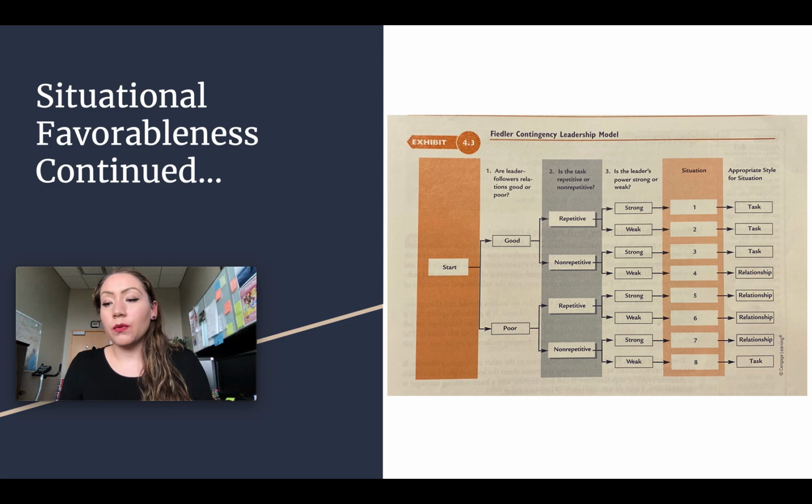Fiedler would recommend you train people or change the situation. For example, if the relationship between the leader and the follower is poor, you would have to strengthen it by doing things such as listening to your followers or asking for feedback.